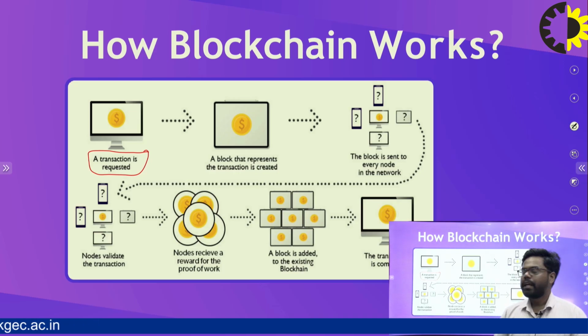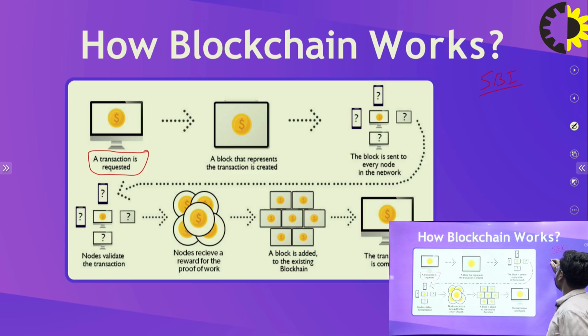Like if I have an account in SBI, I am in the north zone, and I am debiting my cash in the south zone. So how are we going to use this?